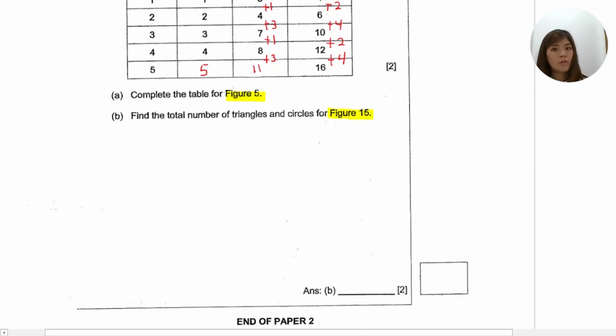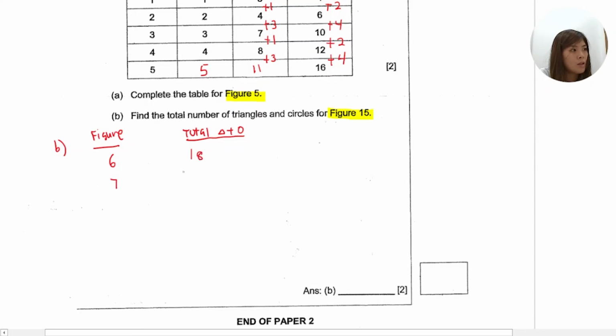Okay, so for figure 15, total, okay, triangle plus circle. Okay. So figure 6 would be 16 plus 2, 18.